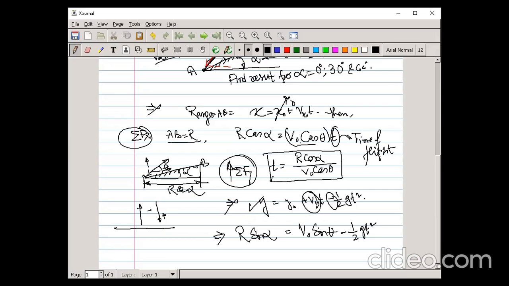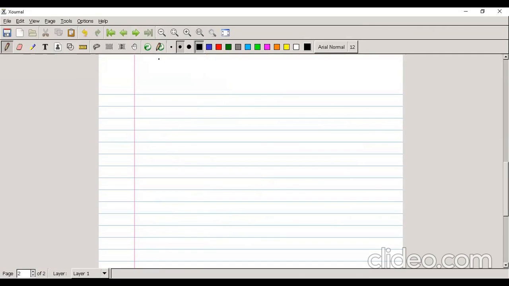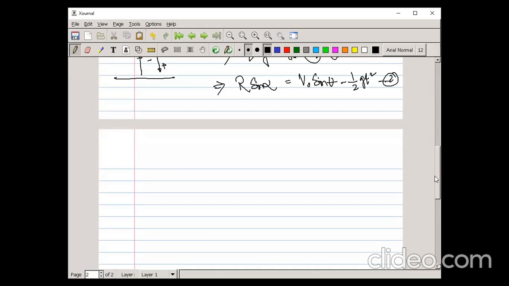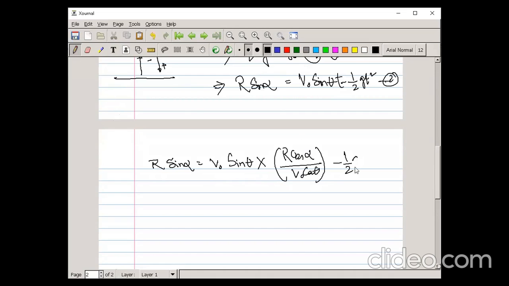If we call this equation 1 and that equation 2, and put the t value into equation 2, we get R sine alpha is equal to V0 sine theta into t, where t is R cos alpha divided by V0 cos theta, minus half of g times R cos alpha by V0 cos theta whole square.